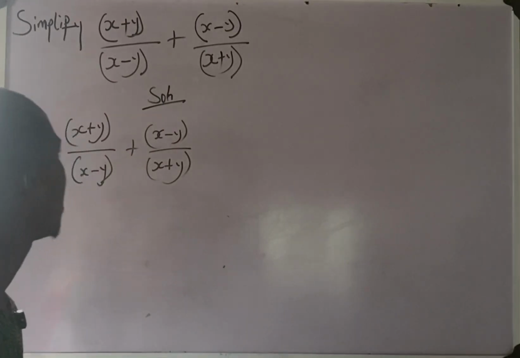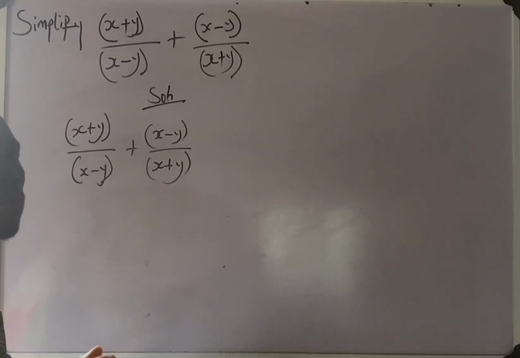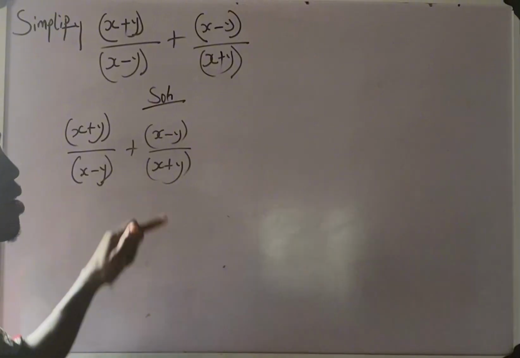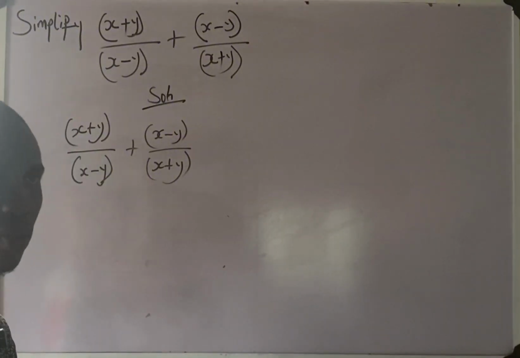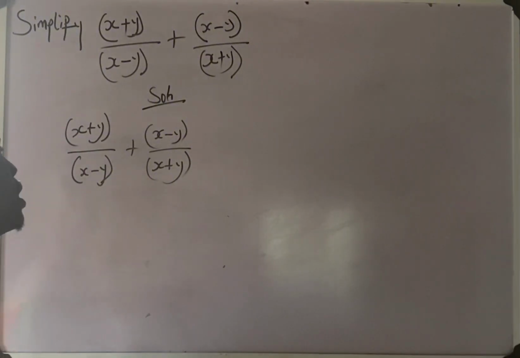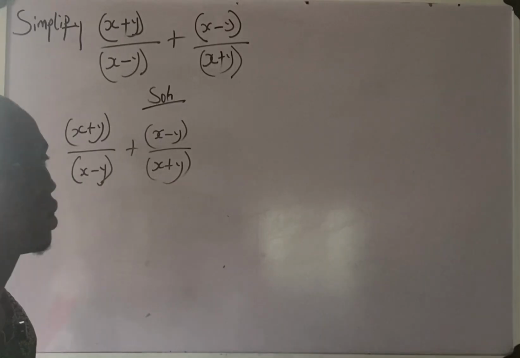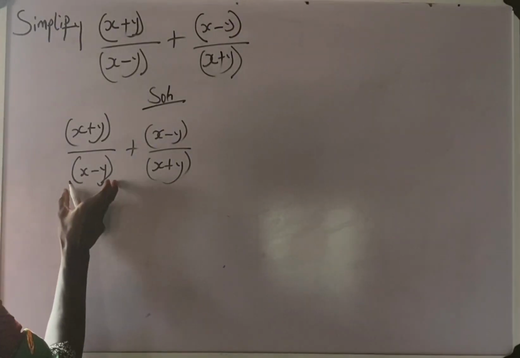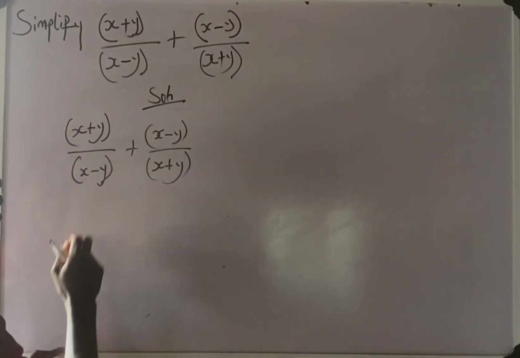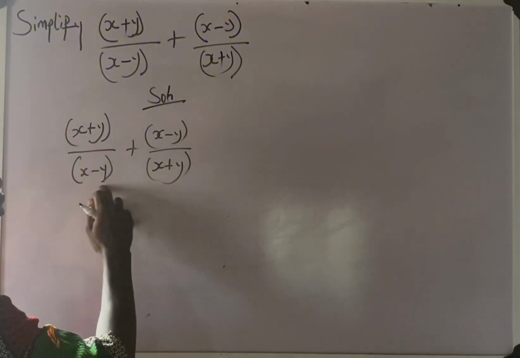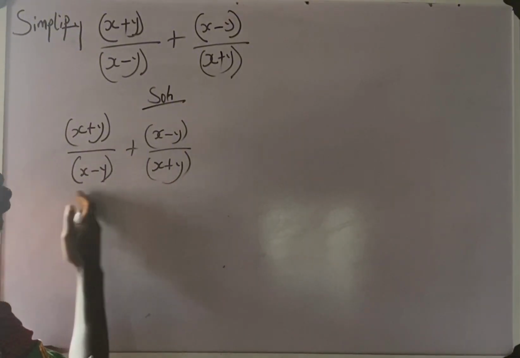If you can recall, I said that if we have this kind of problem having addition or subtraction of fractions, the very first thing we should do is look for the LCM of the denominators. So in this case, we have our denominators as x minus y and x plus y. And the two cannot divide themselves, so we multiply.